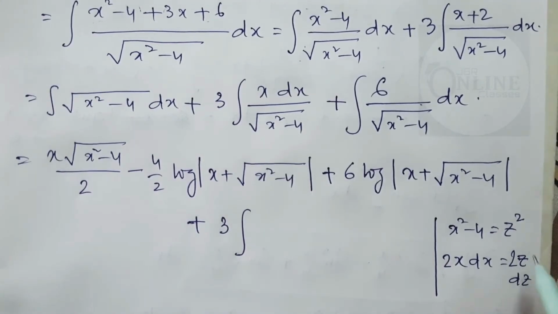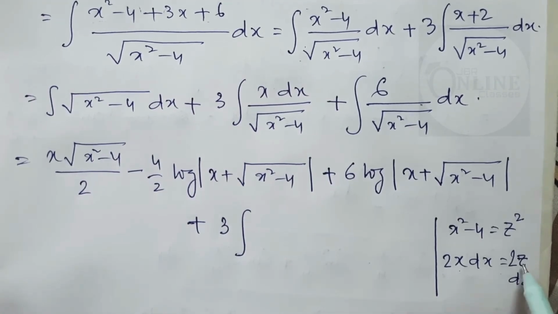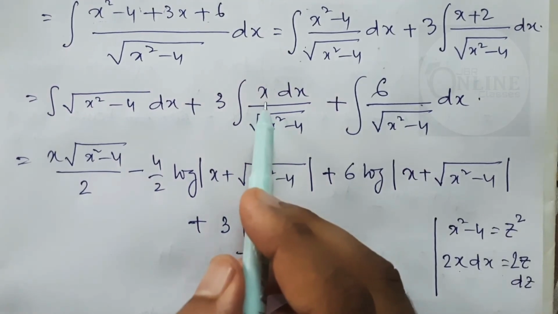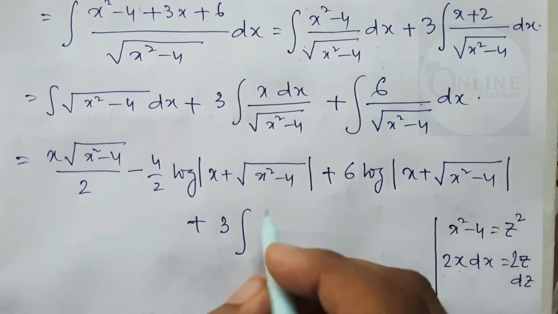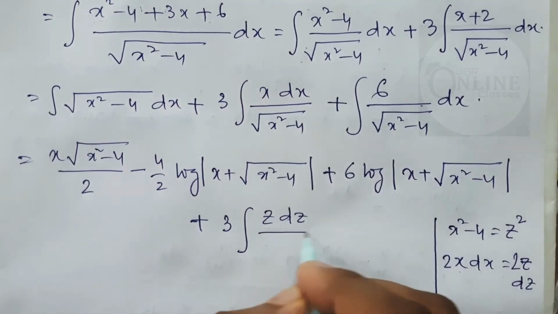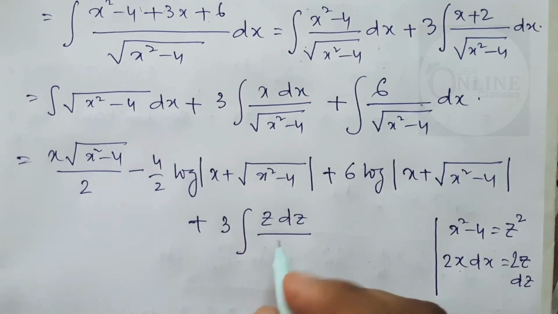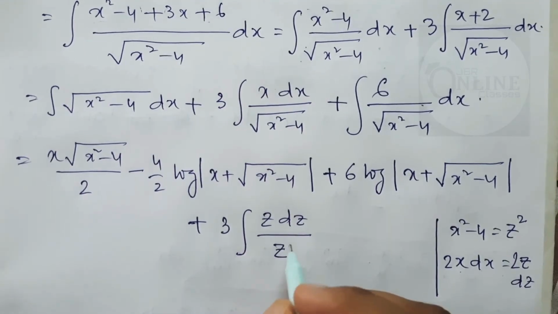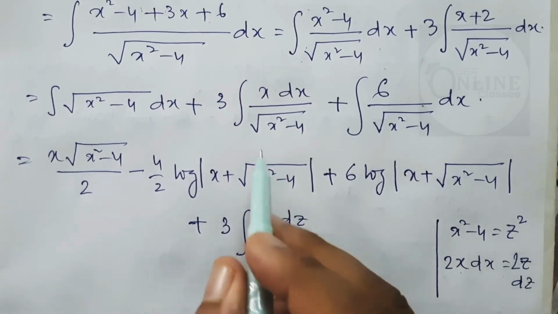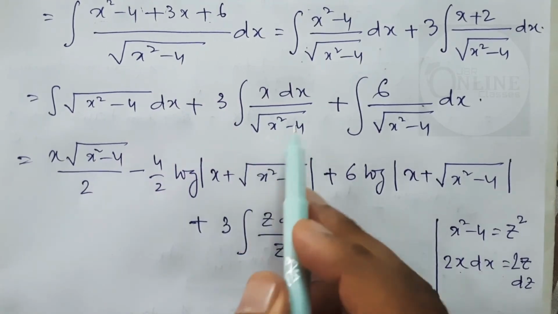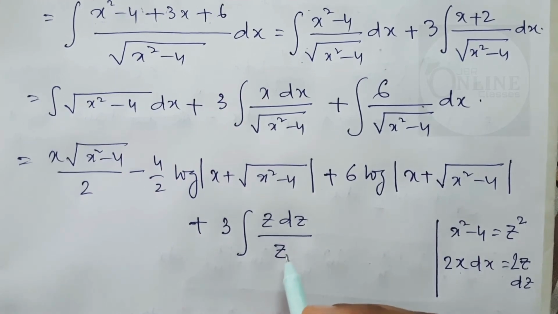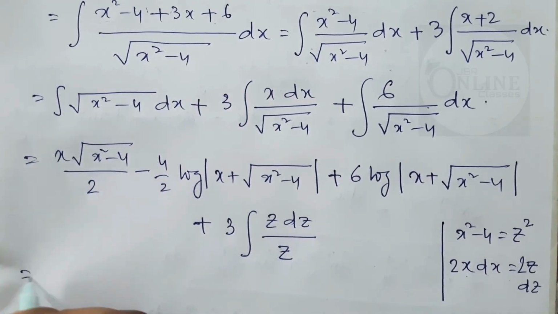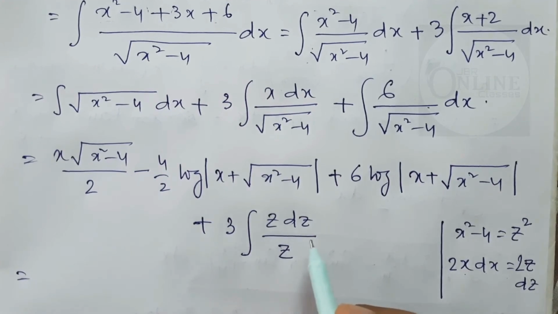Here you can see that these two will get cancelled and we will have x dx equal to z dz. So x dx is already present in the numerator, so that will get substituted by z dz, divided by root over z square, so it is going to be z only. Now z and z will get cancelled. So finally we have only the integration of dz.